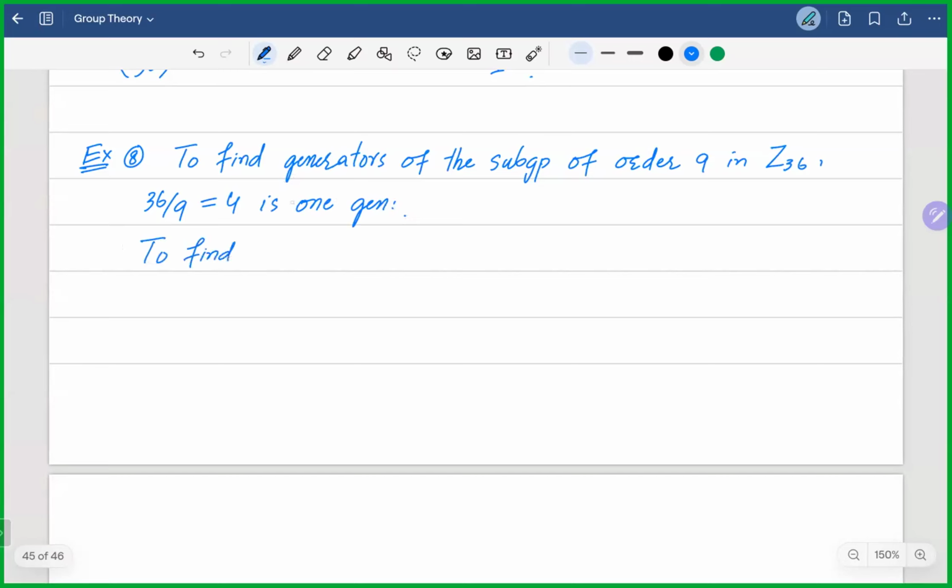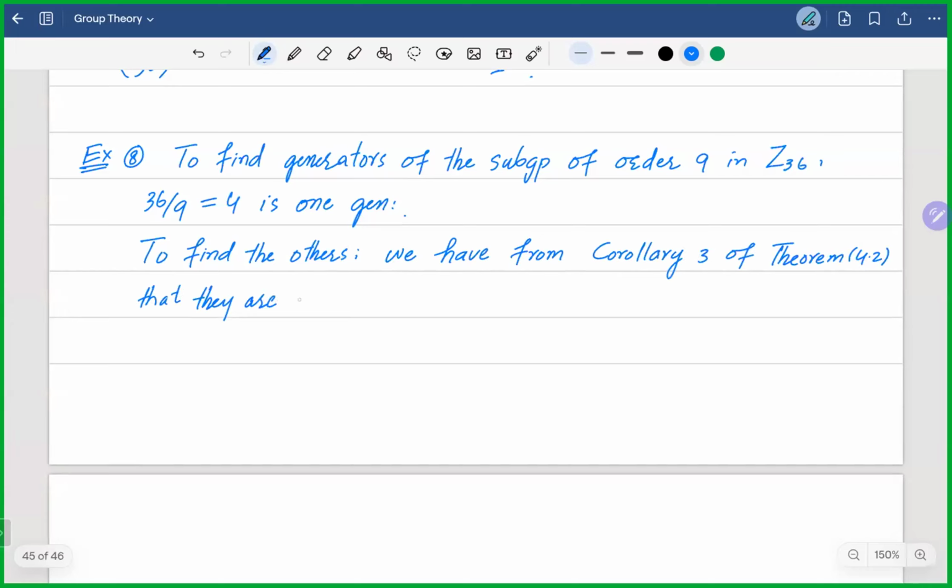To find others, if you go back to corollary 3 of theorem 4.2, they are all elements of Z36 of the form 4j, where GCD of 9 comma j should be 1.